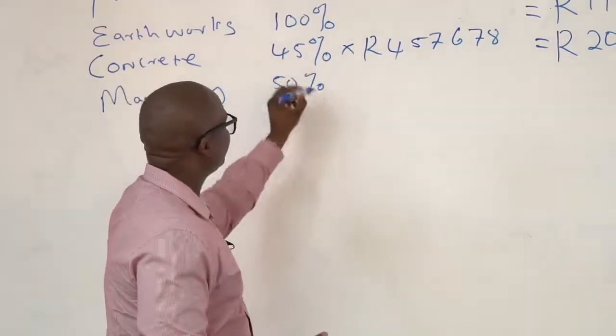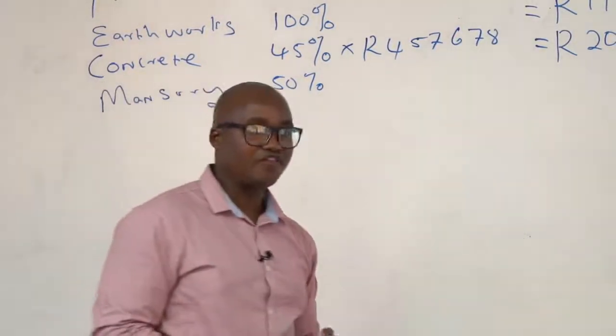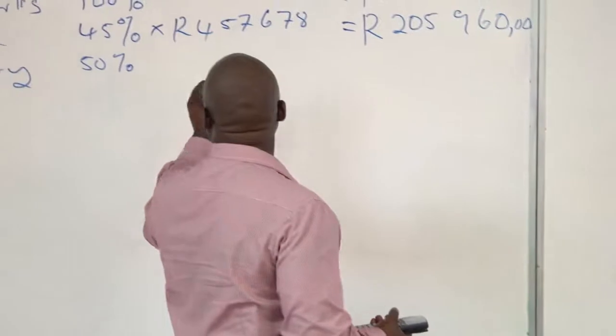50% completed will be half of the amount that is on the bill of quantity summary under the masonry item. So we have 220,300, which means we will have 110,150 as a 50% amount.